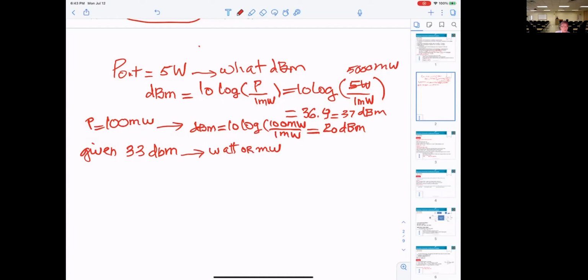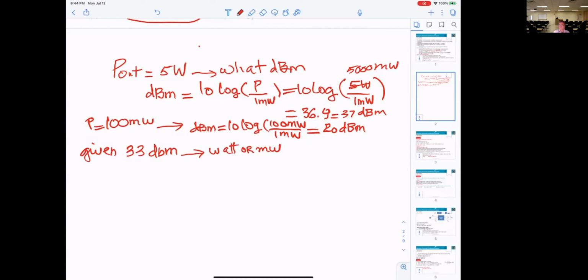So now you're working in the lab. You get power equal 33 dBm. However, we do not deal with the dBm outside. We deal with the watt or milliwatt, microwatt. So that's why you have to convert dBm back into the watt or milliwatt or kilowatt.